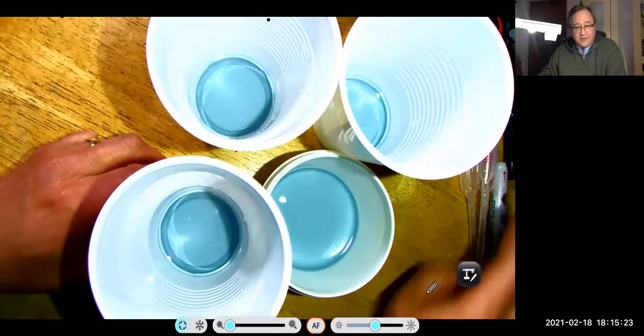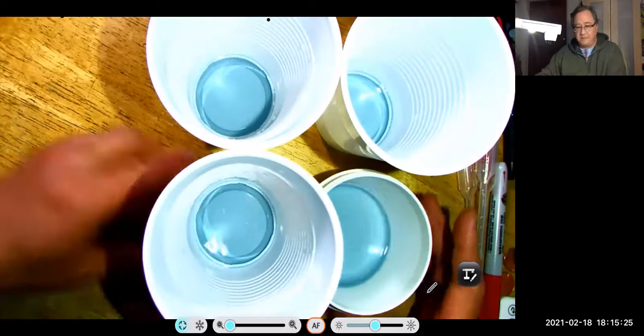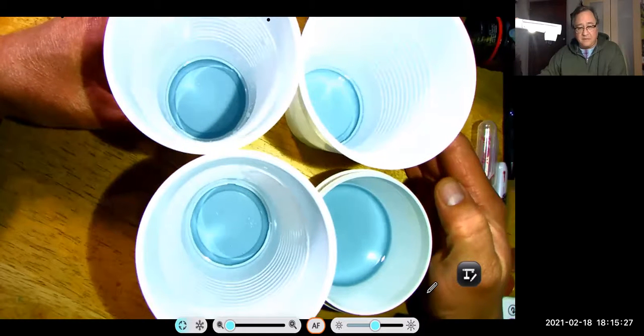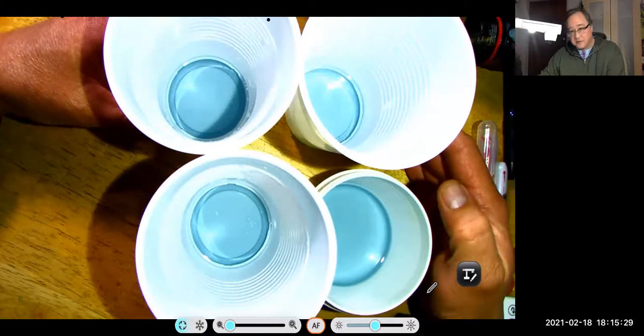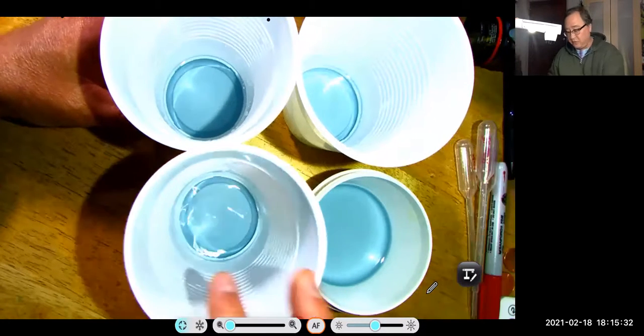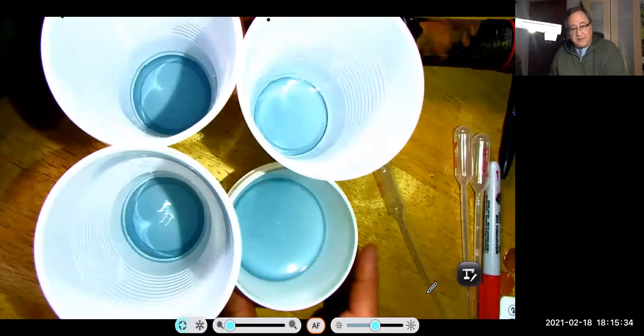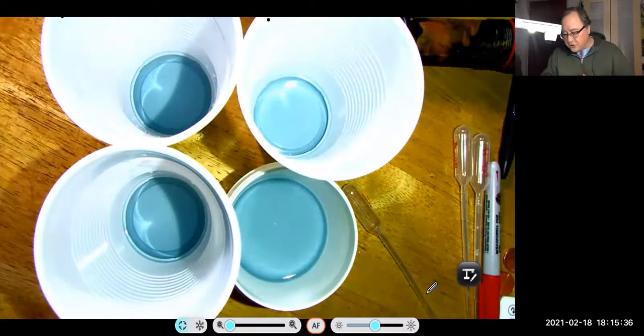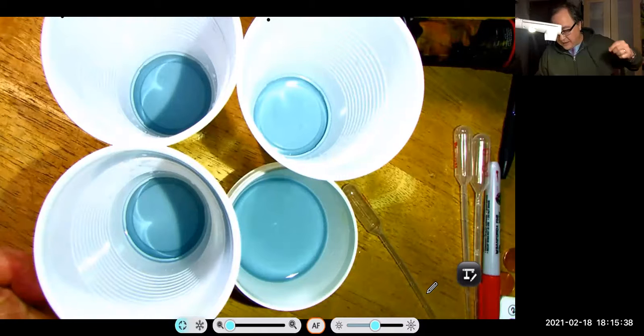So can we see all 4 of these? I can't. I'm going to shove these 2 over, and that's a little better. Okay, they all should look the same color. And the reason they don't is because of the lighting.